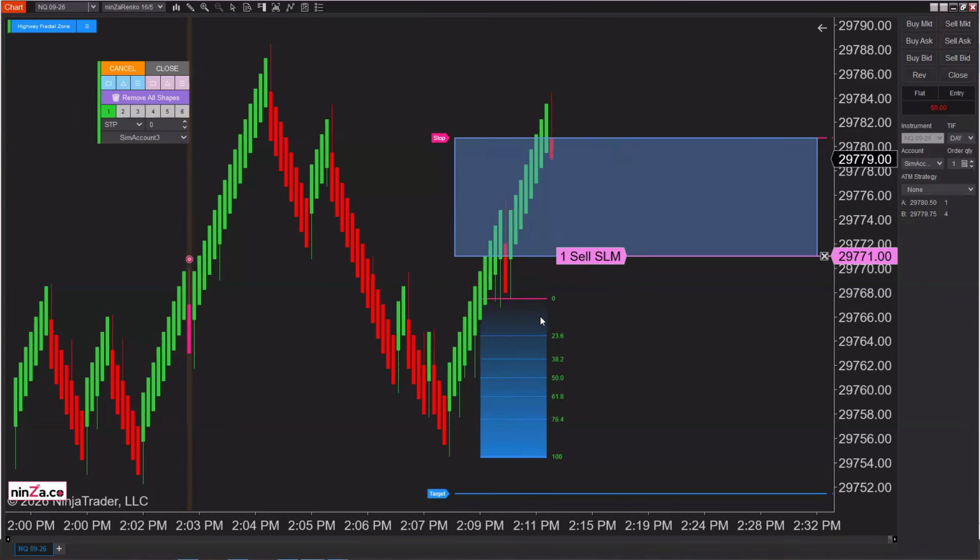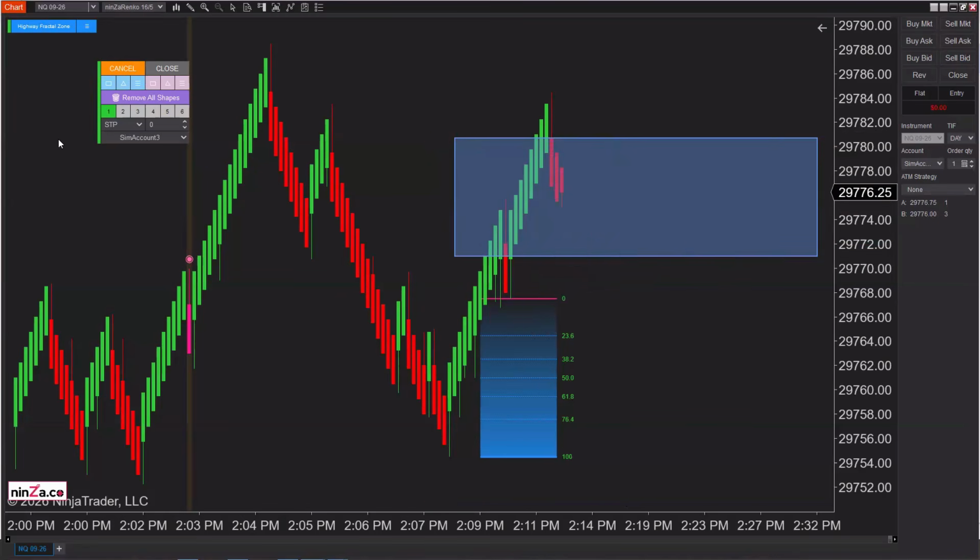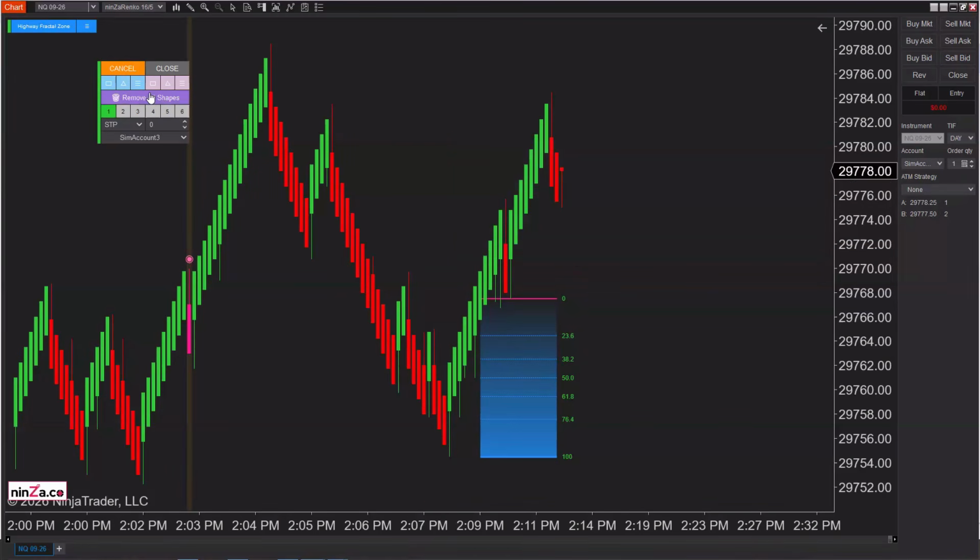Now, I should probably be looking, if anything, for a long, if price comes into this fractal zone. So here is what I can do. See this? I can cancel the order, but then I can also erase the shape. So once I press here, I erase the shape and nothing happens.